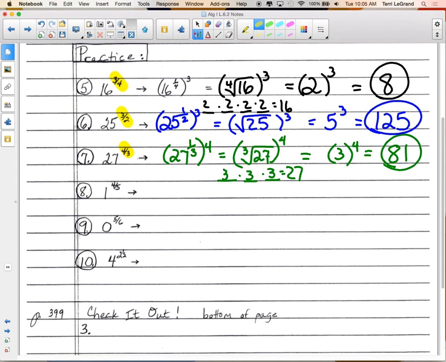And then make a comparison of the base raised to that fraction compared to that.